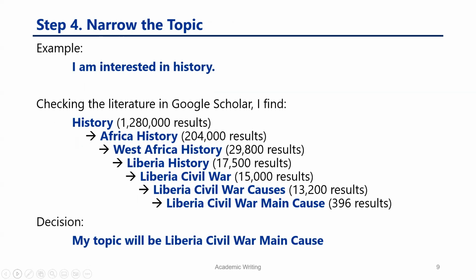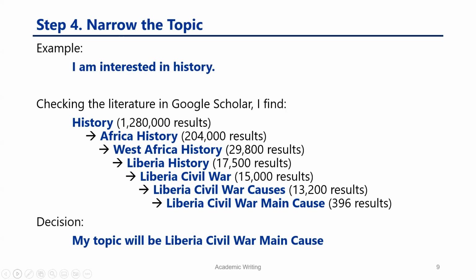Okay, that's too broad. Let me see if I can pick something narrower that is more specific. So I type Africa history in Google Scholar. Now I get 204,000 results. Okay, that's better. There's fewer, but that's way, way too broad.